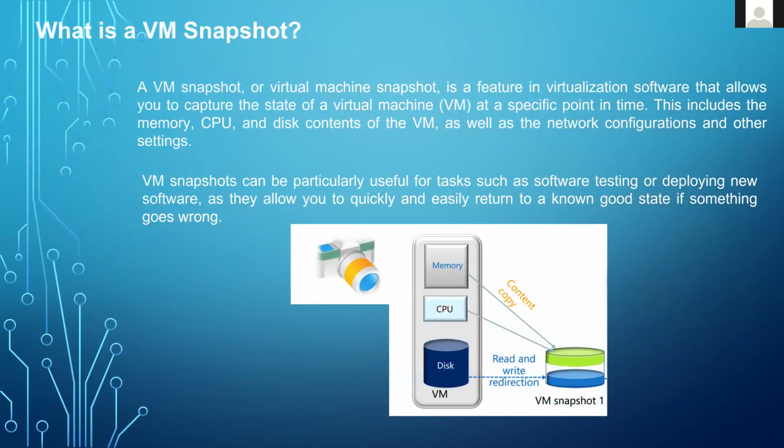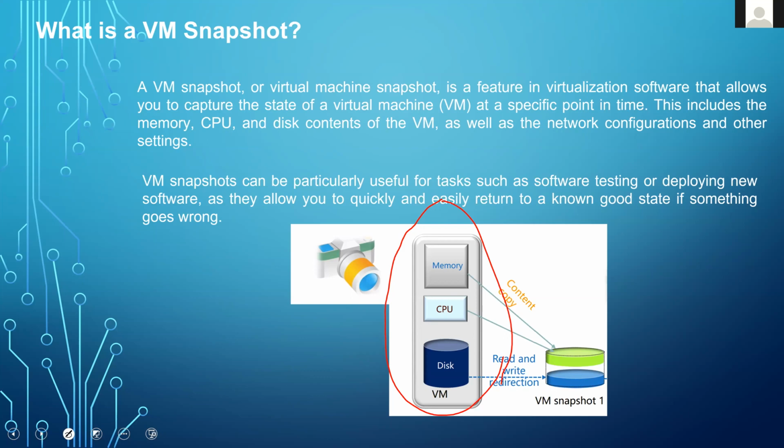Okay, so let's start. What is a VM snapshot? Actually, a VM snapshot is a picture of your current VM status. For example, you are using this VM. In a VM, we have memory, CPU, and disk, and there are some configurations as well at the FusionCompute level, like network configuration and the devices.